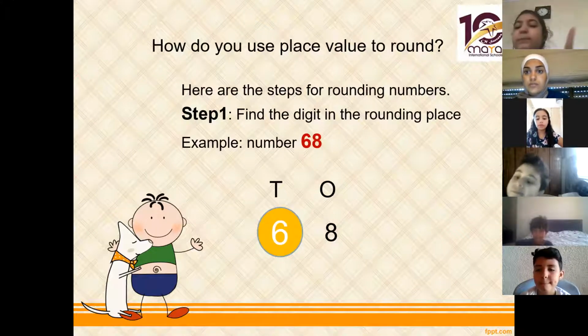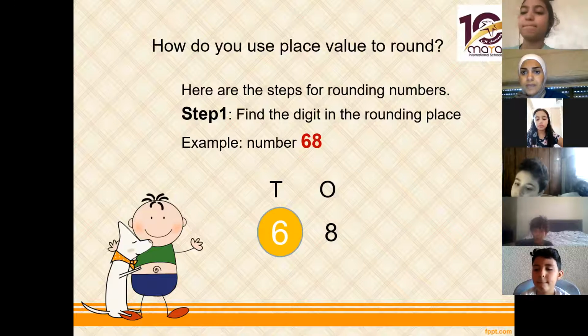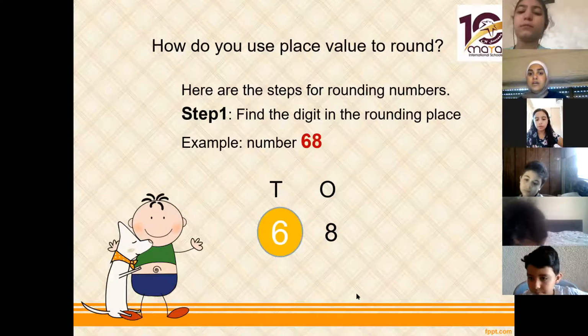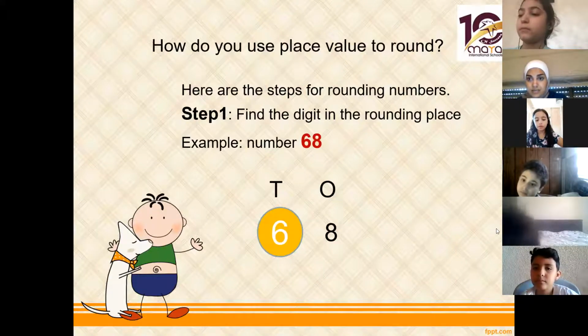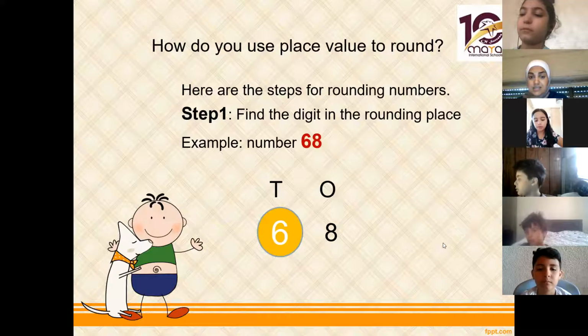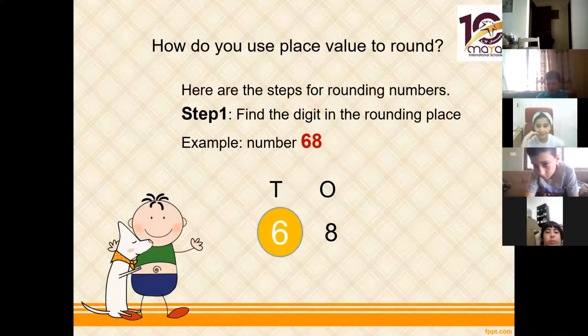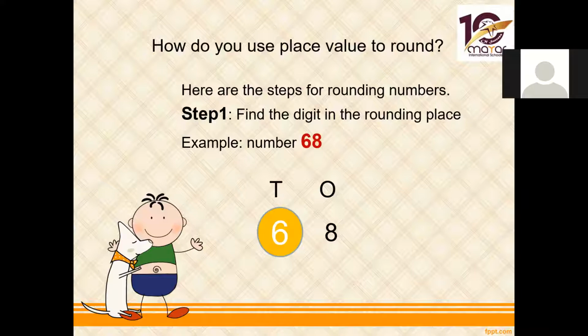I want to hear from you. What is the number that we are talking about? You can see my screen, right? Yes. Habibi, can you read the number for me? 60. Thank you. What is the number again? 68. Thank you very much.